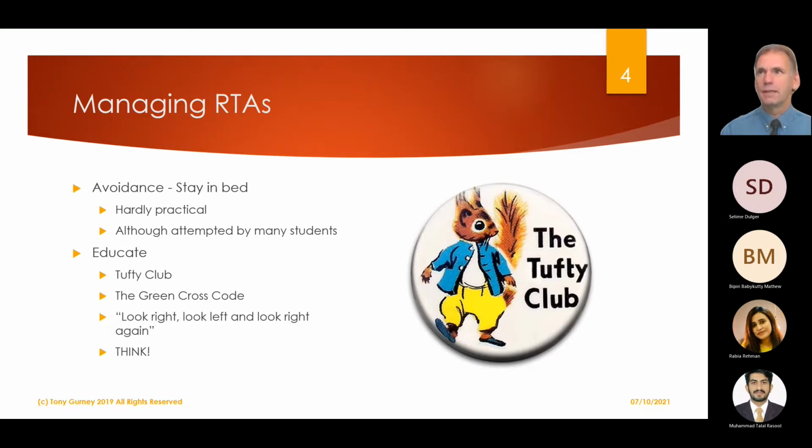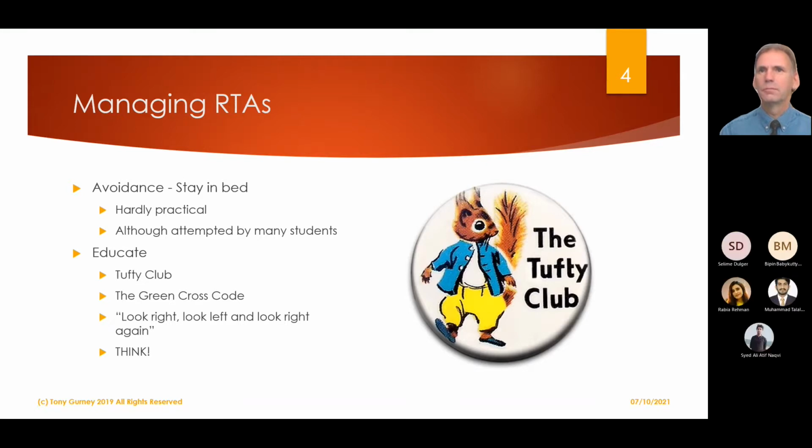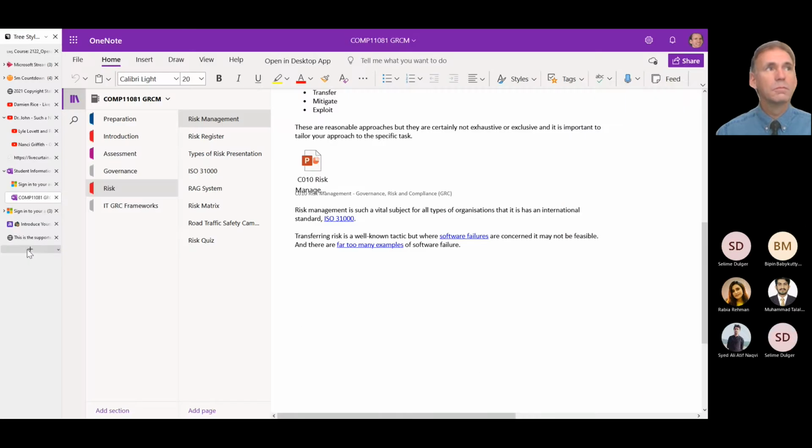Now, judging by the attendance this morning, that's a strategy that several of the class have employed, but it's not a practical long-term one. So we can try other ways. Instead of avoiding the risk, we can educate people about the risks. That's been happening for a long, long time.